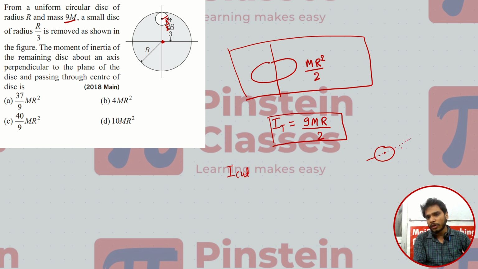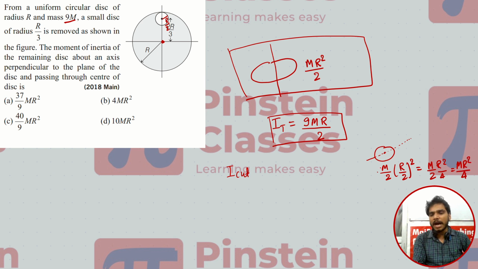It will be nothing but m upon 2 times r upon 2 square. So this will be m upon 2 times r square upon 4. So this will be mr square upon 8.